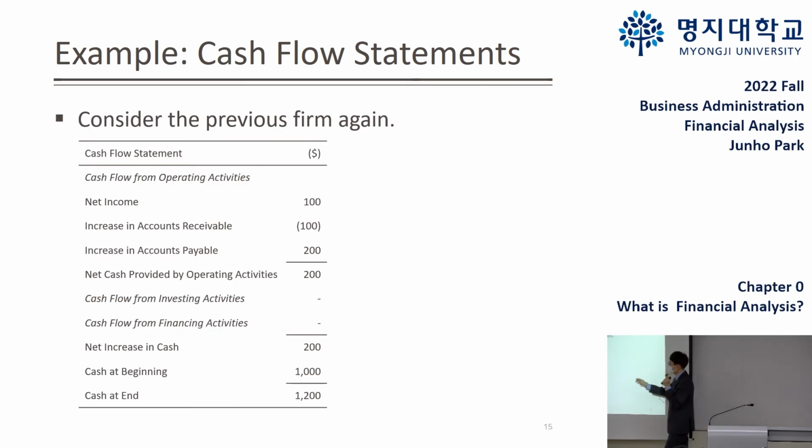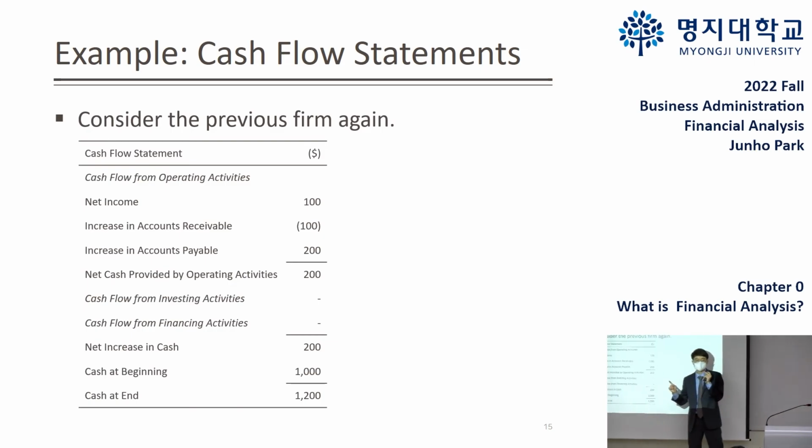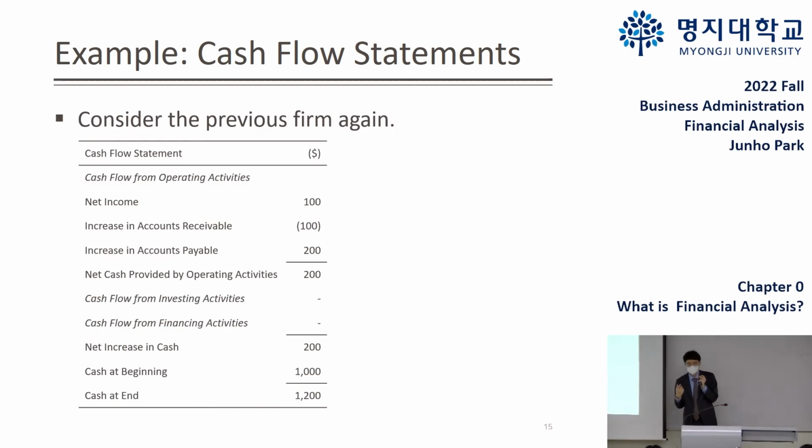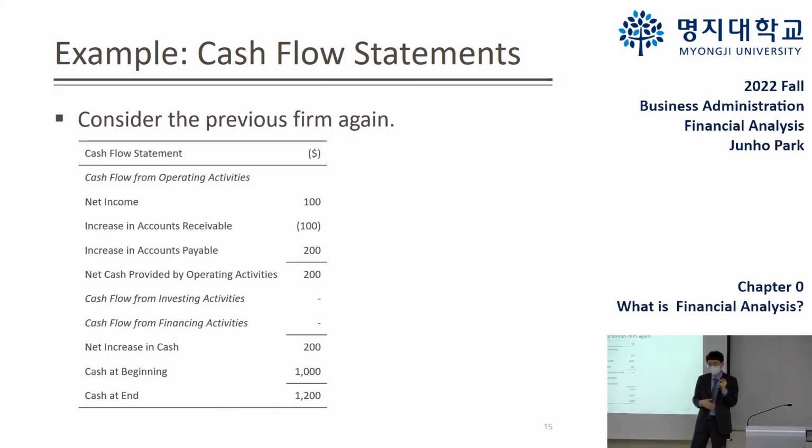So we start from the net income. This is known to be the change in our cash if we had done all our transactions in cash. However, there are certain differences between net income and our actual cash changes because we have used accounts receivable and accounts payable. So we want to reflect them here.